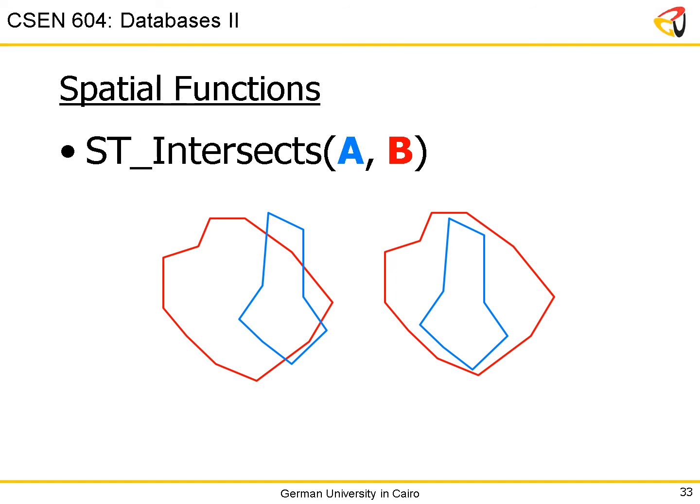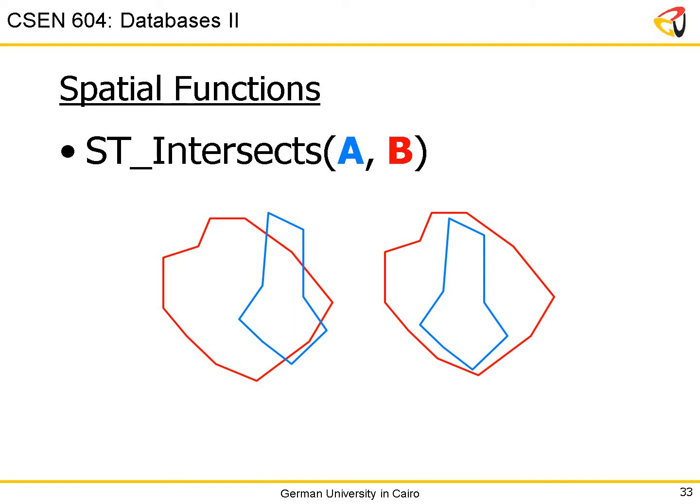The first function we're going to look at, and by the way, all PostGIS functions start with ST underscore, is called the intersects function. This is again a spatial function. You give it two polygons, and it will tell you if the polygons intersect or not. Here A and B you would be retrieving from columns in your table that are of a spatial type, and each one of them is a polygon.